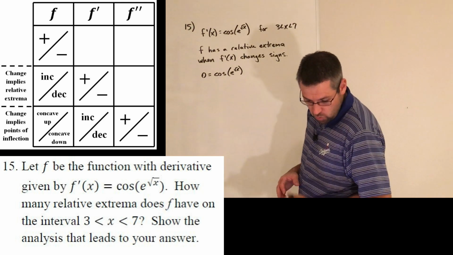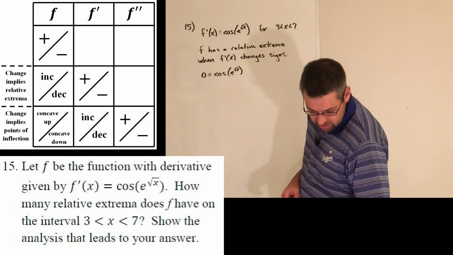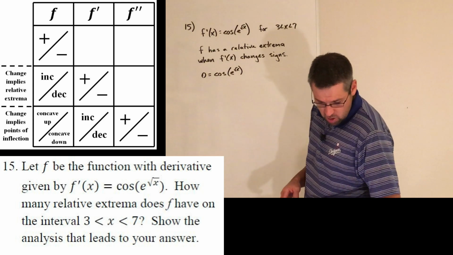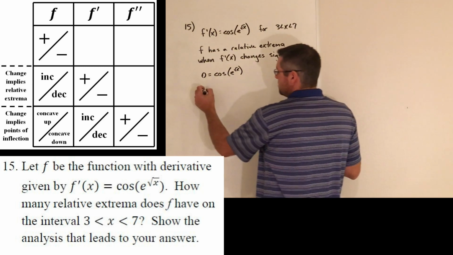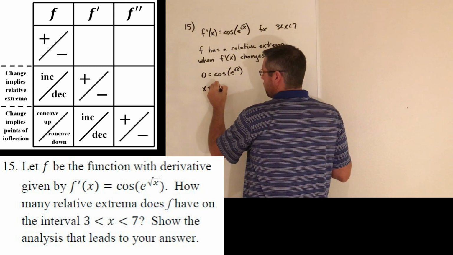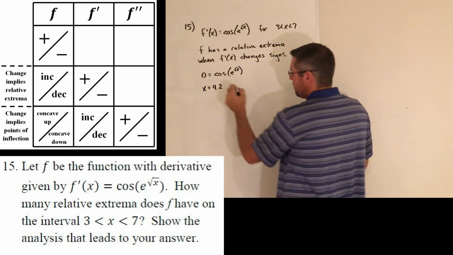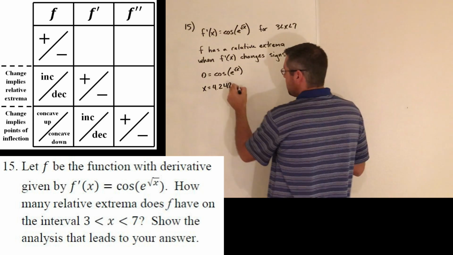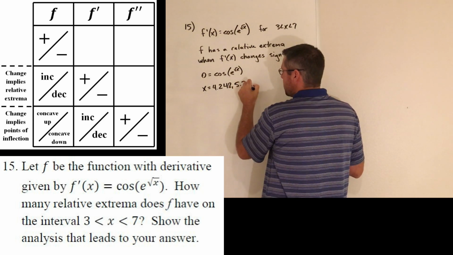So what we'll notice is that in the interval of 3 to 7, we have an x-intercept of 4.248. We have another one at 5.748.